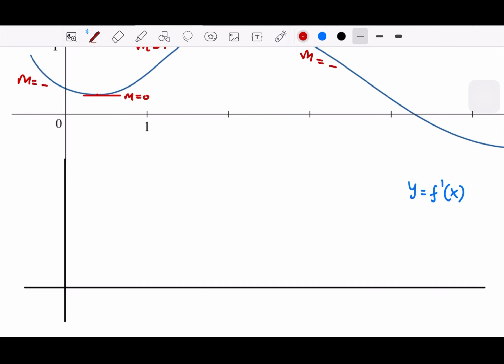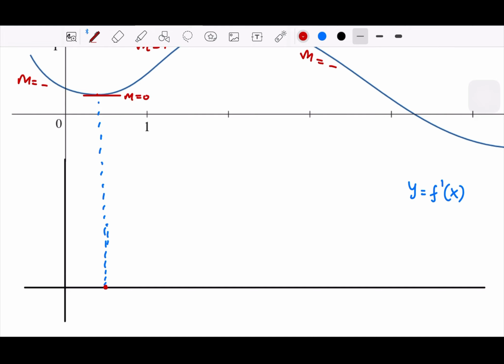We know there is 0, the slope is 0 around this 0 and 1, but I don't know where, but let me just take a line going down. So let's take this and take the point here, which means the function will cross this, right?